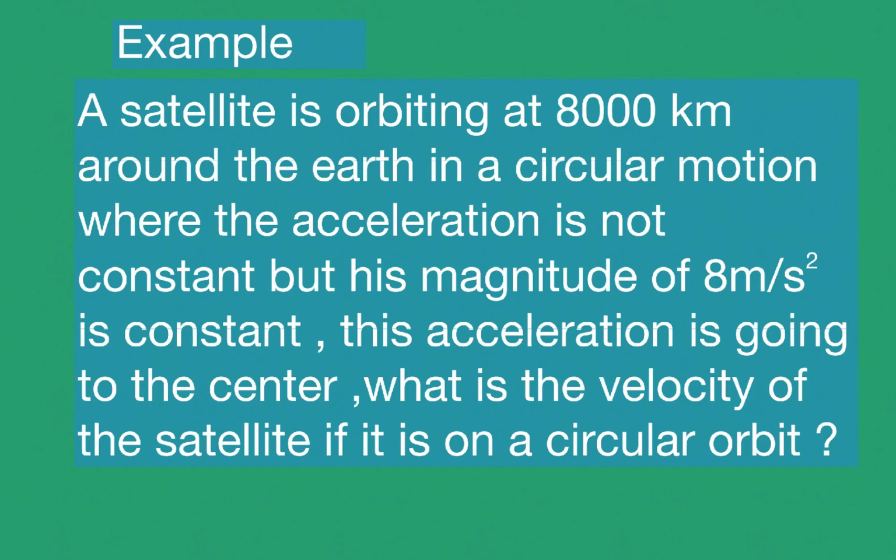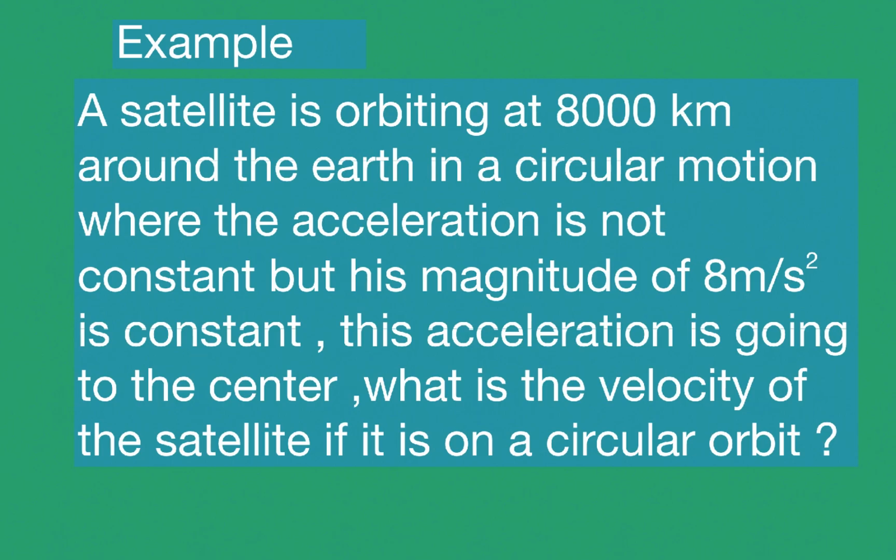And suppose that the acceleration is a little bit smaller than the magnitude of the acceleration at the surface, let's say 8 meters per second squared. This value is constant over the circle.